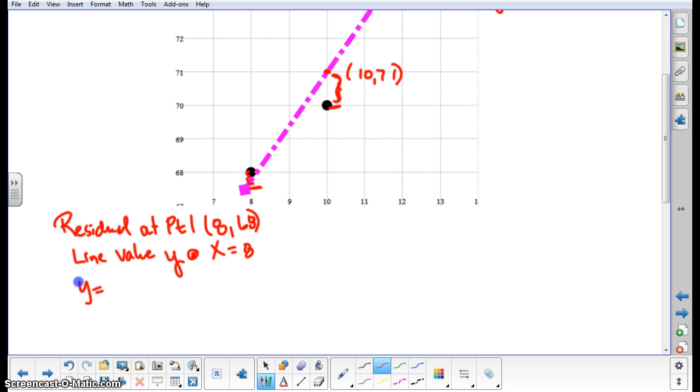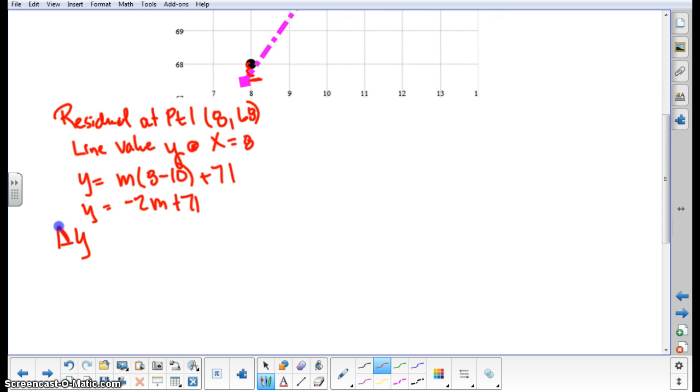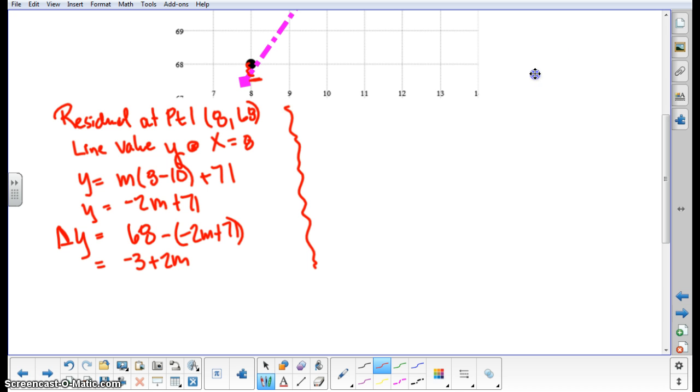So y is equal to m times 8 minus 10, plus 71, which simplifies to y is equal to negative 2m plus 71. Now to find that residual, I'm going to call that delta y. We say 68 minus the line value, negative 2m plus 71, and that simplifies to negative 3 plus 2m. So that's our first point.